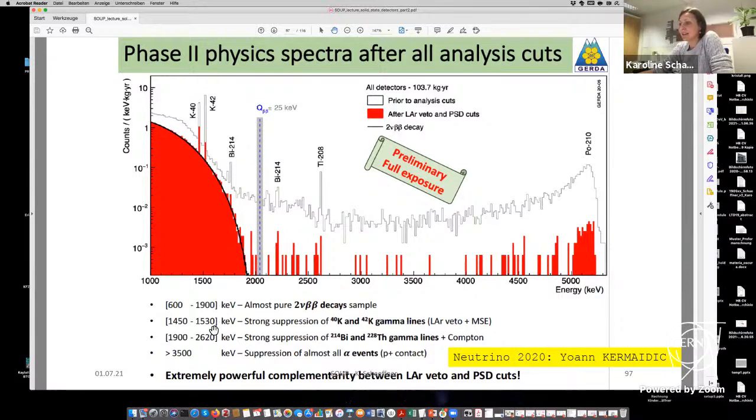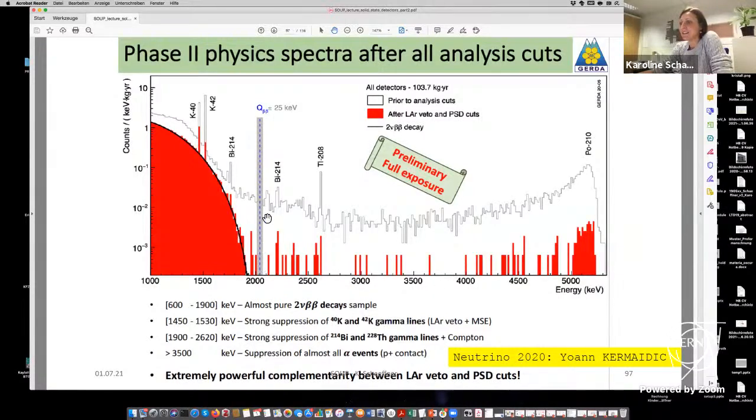And then there comes a bit from the potassium, you see here, potassium 1442. And a bit further up, there's then the bismuth and also the gamma line from the thorium. But in the end, all alphas at a higher energy region, even they can be suppressed. So this is really powerful.